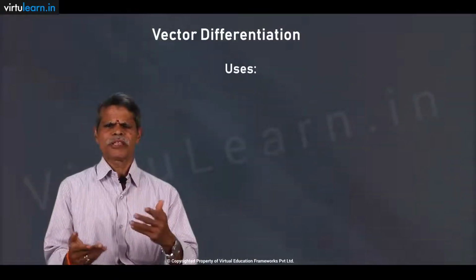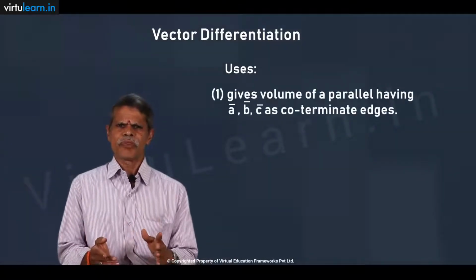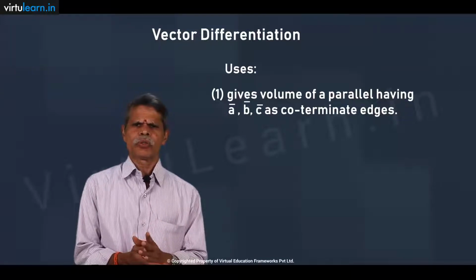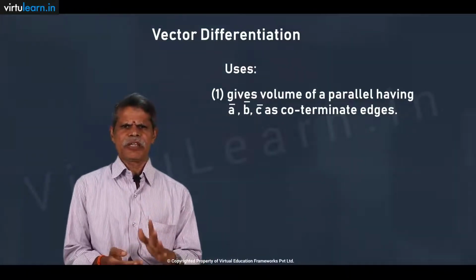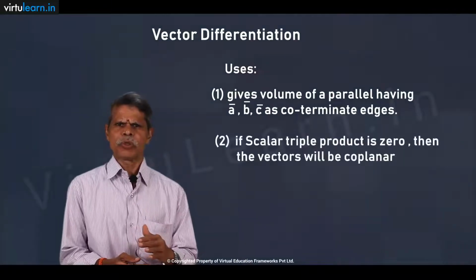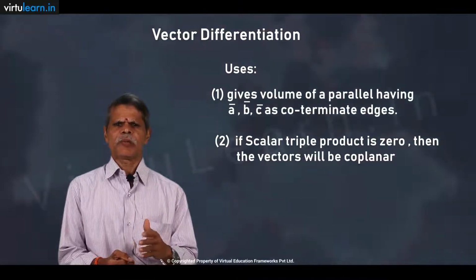What are the uses of this scalar triple product? We can find the volume of a parallelepiped whose coterminous edges are A bar, B bar, C bar.